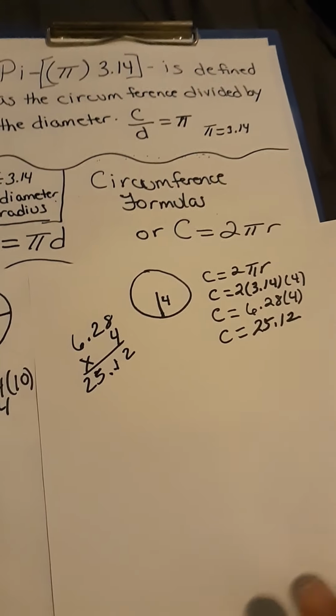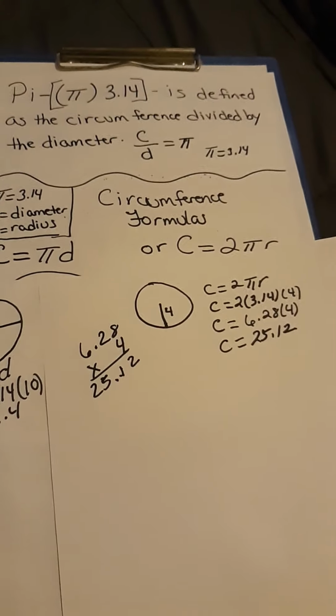Let's try a few more practice problems. Okay, let's say that I have a circle and they give me a radius of 2. The formula that I'm going to use is going to be C equals 2 pi r.